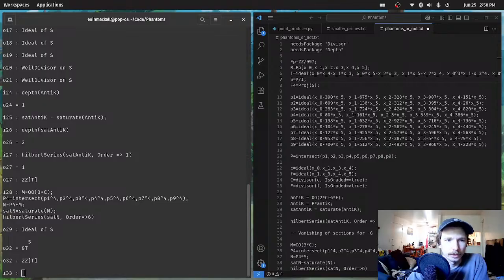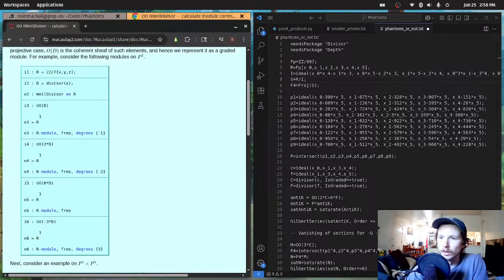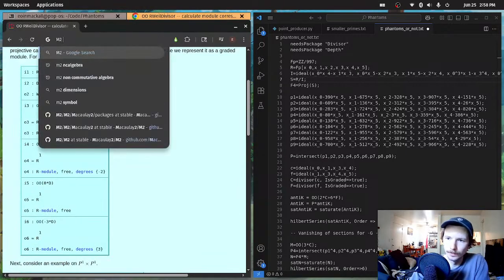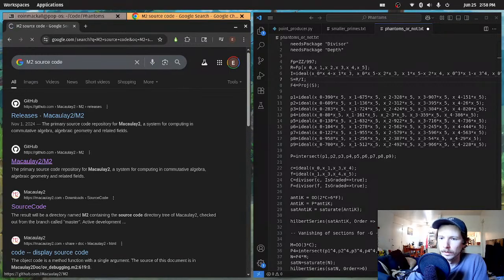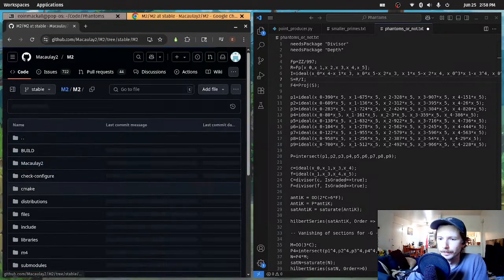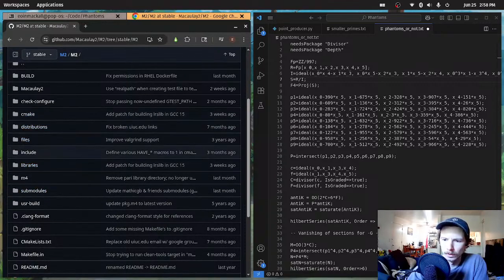Okay, so we should take a look at the source code just to make sure that this is something that's not going to use the normality in any crucial way.